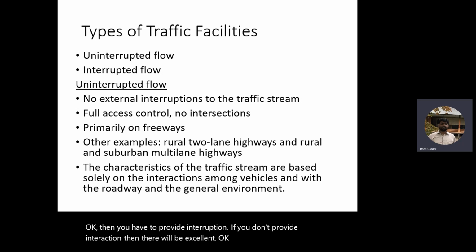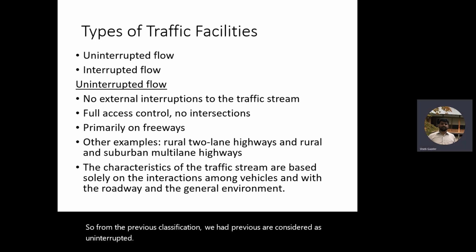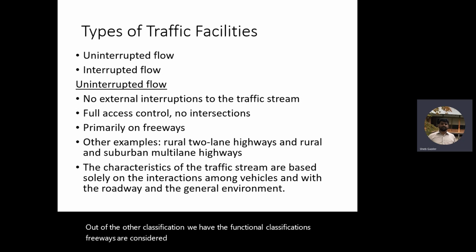Okay. So from the previous classification we had, freeways are considered as uninterrupted. Out of the other classifications we have, the four functional classifications, freeways are considered as uninterrupted. Okay, other examples can be rural two-lane highways and rural and suburban multi-lane highways. We will discuss them in detail later on.